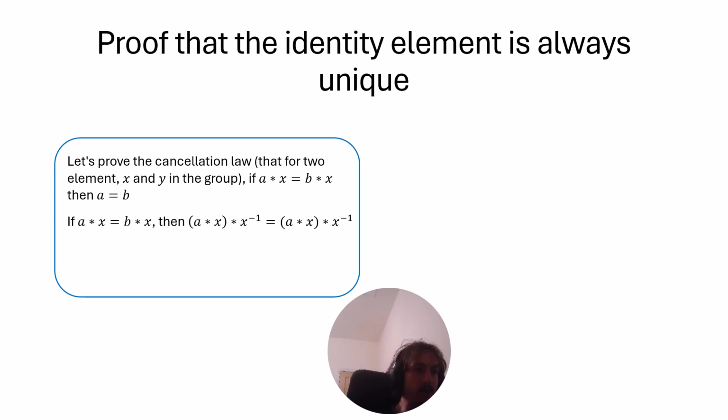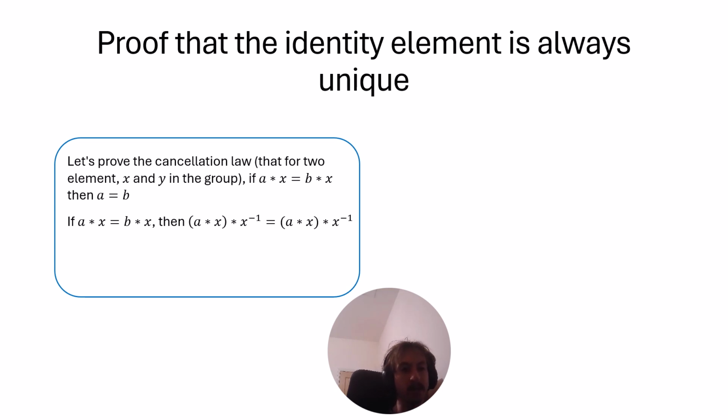Anyway, if we multiply by x to the minus 1 on the left-hand side of our original equation, we're going to end up with a star x star x to the minus 1. Now, I said I want to combine x and x to the minus 1 through our binary operator to get the identity element, and we can do that because of the associative law.